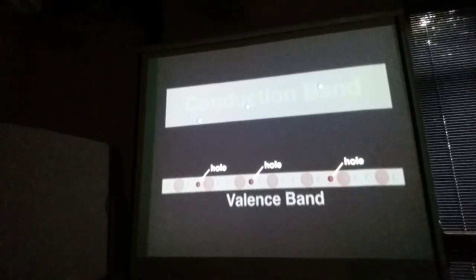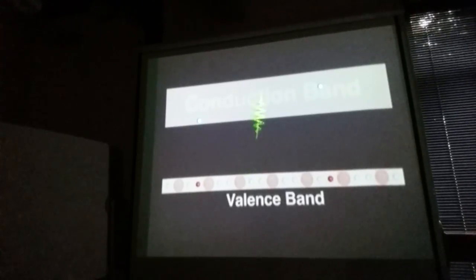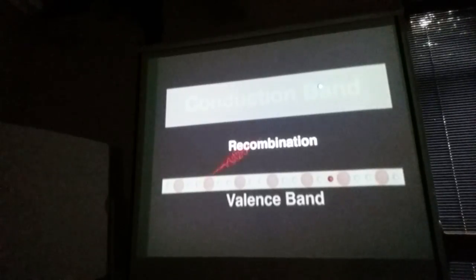Note that the crystal is still overall electrically neutral with the same number of positive charges and negative charges. However, electrons once promoted can spontaneously fall back into the hole in a process called recombination.